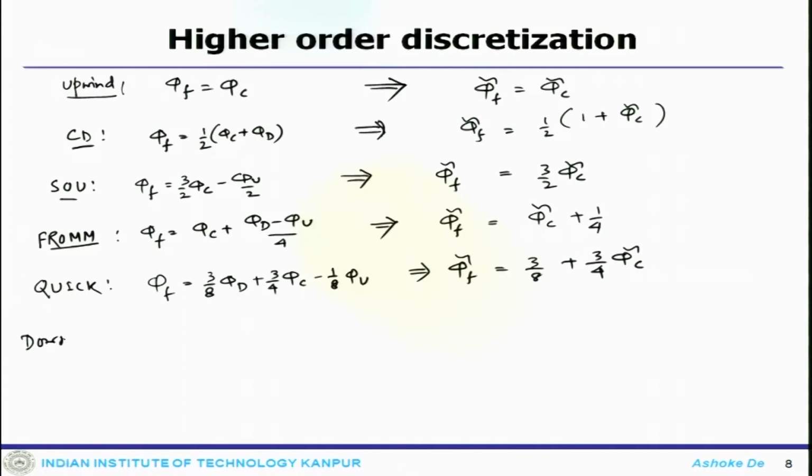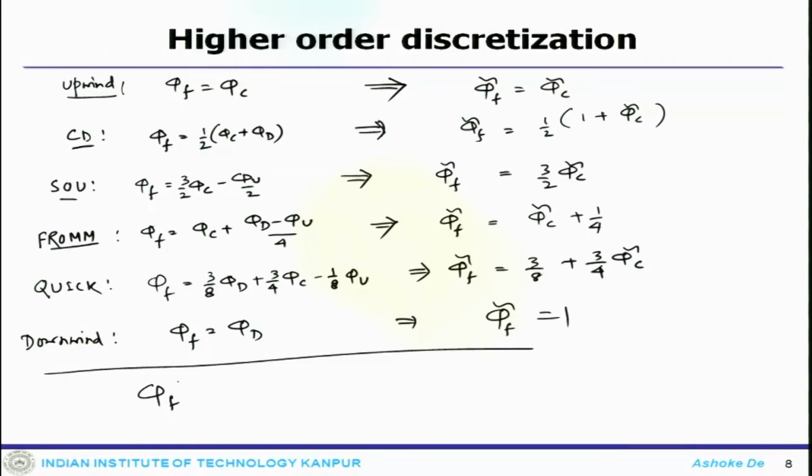And the downwind scheme, where phi f equals phi d, will have phi f tilde equals 1. So, all the higher order schemes that are based on these nodal values, phi f tilde can always be expressed as a linear function of phi c tilde plus some constant k, where the values of the slope and k depend on the scheme.